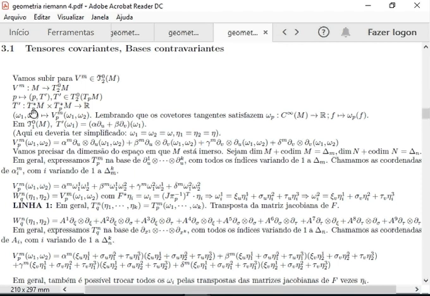T line is in the dual, the dual TPM times the dual from TPM to R. Omega 1, omega 2 are mapped to VPM omega 1, omega 2. Remembering that the tangent covectors satisfy omega P are functions from C infinity of M to R. They map F to omega P of F.